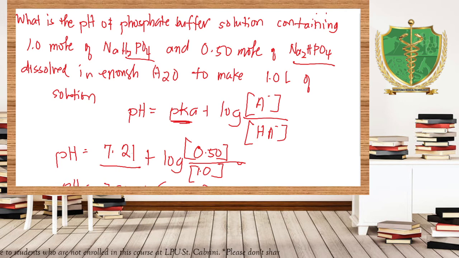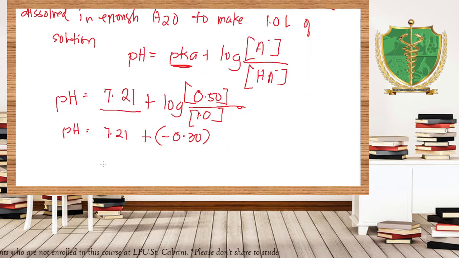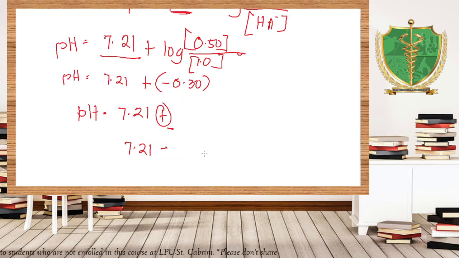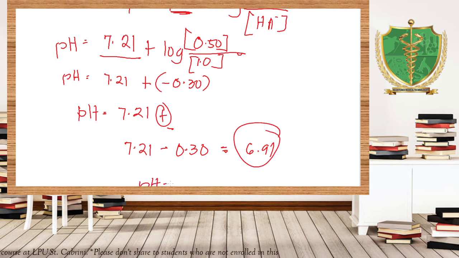So pH is equals to 7.21 plus, since this is an opposite sign, instead of having plus sign, it will become negative sign. So 7.21 minus, that's your basic algebra, 7.21 minus 0.30 will give us 6.91. So the pH is 6.91.